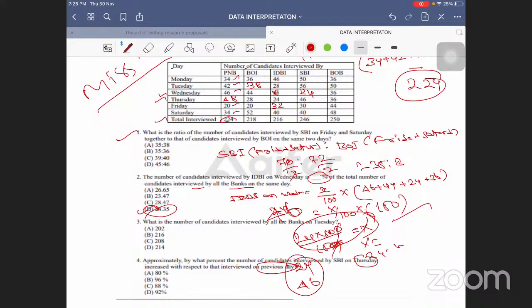So the previous year, 46 minus 24 divided by 24 into 100. What is the answer?